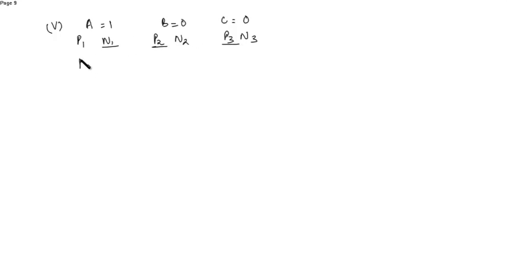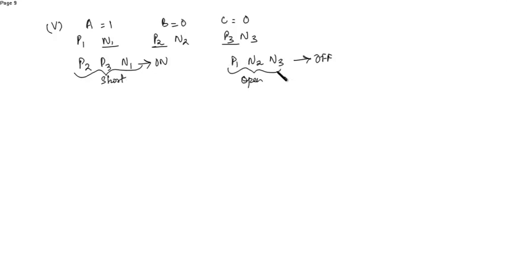So here P2, P3 and N1 will turn on, then P1, N2 and N3, they will turn off. So these three will be short circuited and these three will be open. So P1 is open, this is P1, this is VDD, P1 open, P2 shorted, then P3 shorted.